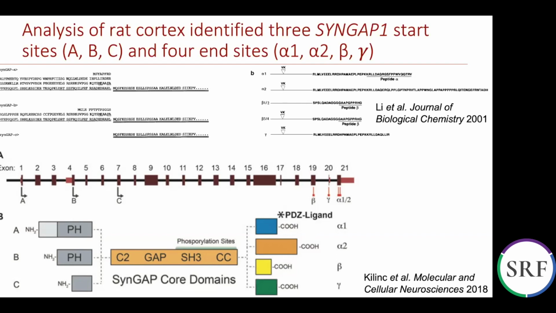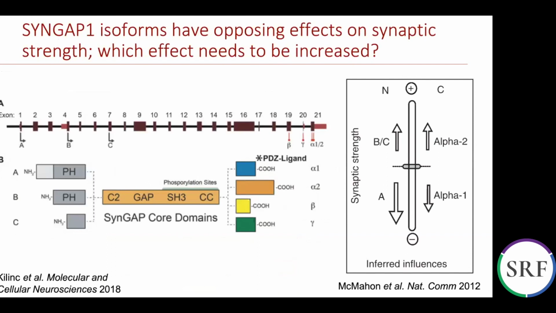So this obviously adds a layer of complication to an otherwise simple story, but I think it's a level of complication that's important because there's this other paper in 2012 which asked the question, well, what do the different isoforms do to neurons in the brain?